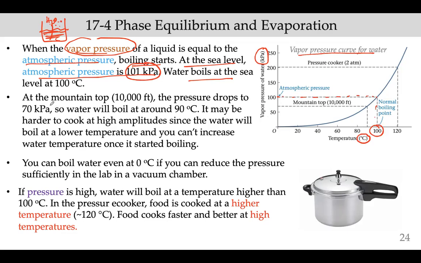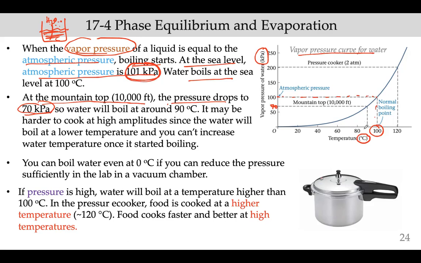But what happens if you climb up a mountain? At the mountaintop, let's say 10,000 feet, the pressure drops to 70 kilopascals. So from 100 at sea level, it drops to 70 kilopascals. So now the pressure at the mountaintop is here, 70. At 70 kilopascals, what is the temperature for water?